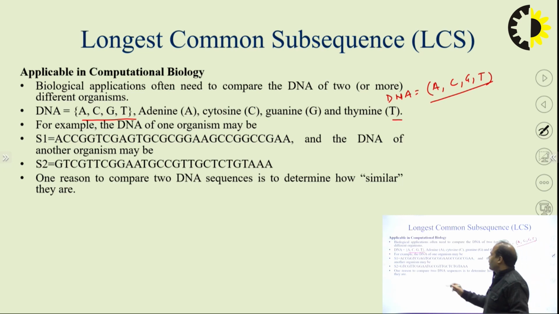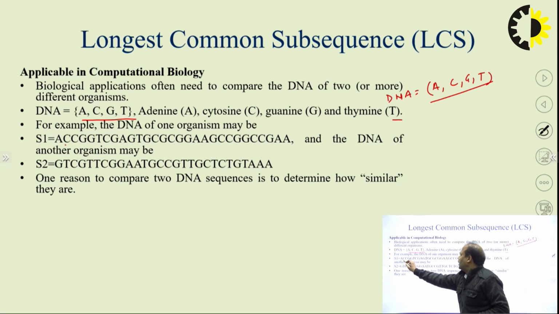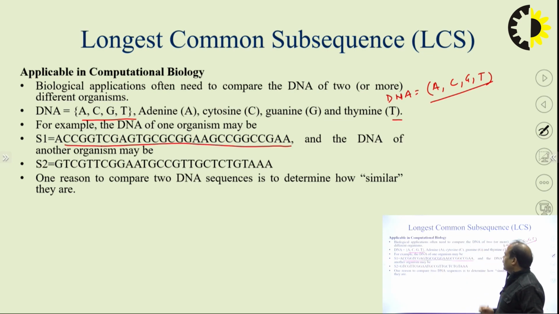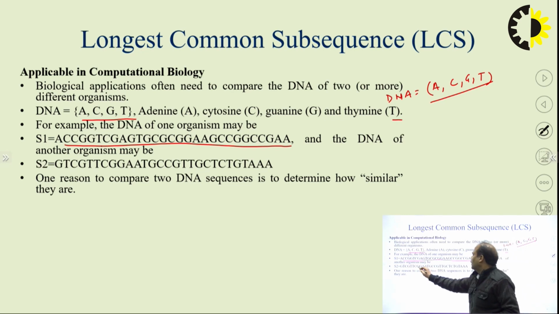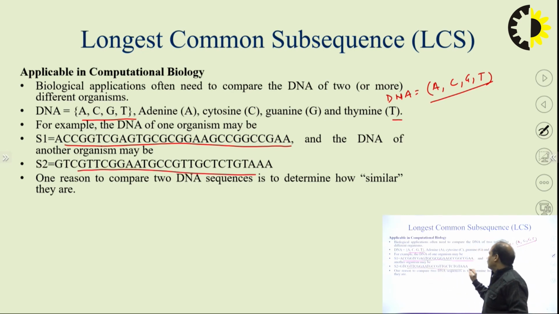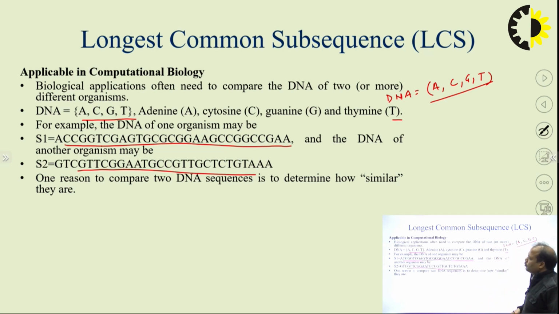For example, consider one DNA. This is the DNA of any living organism, and the DNA of another organism is this. The question is to check whether both DNAs are matching or not. That is the problem of the longest common subsequence: how much similar both DNAs are.